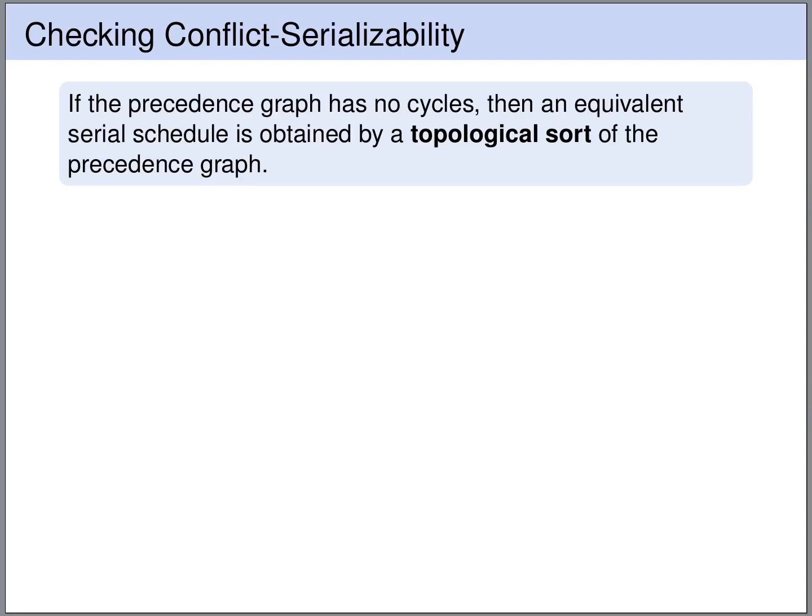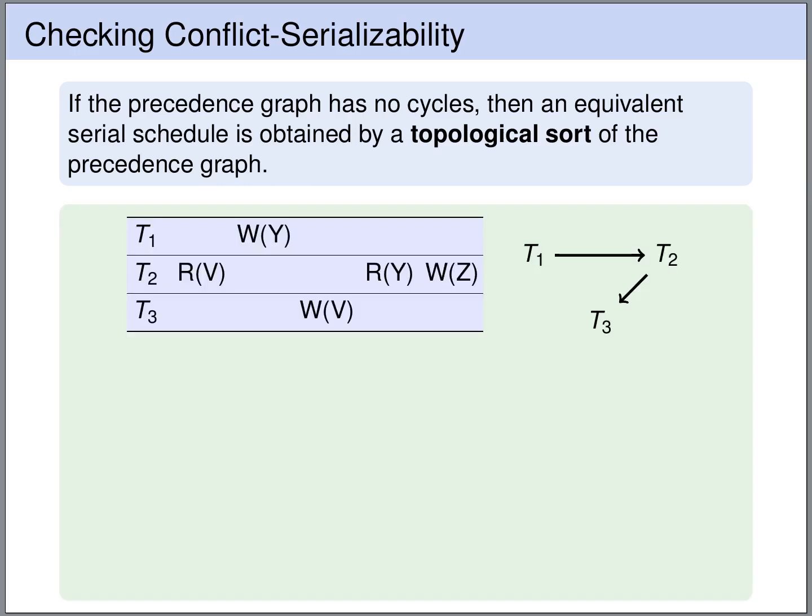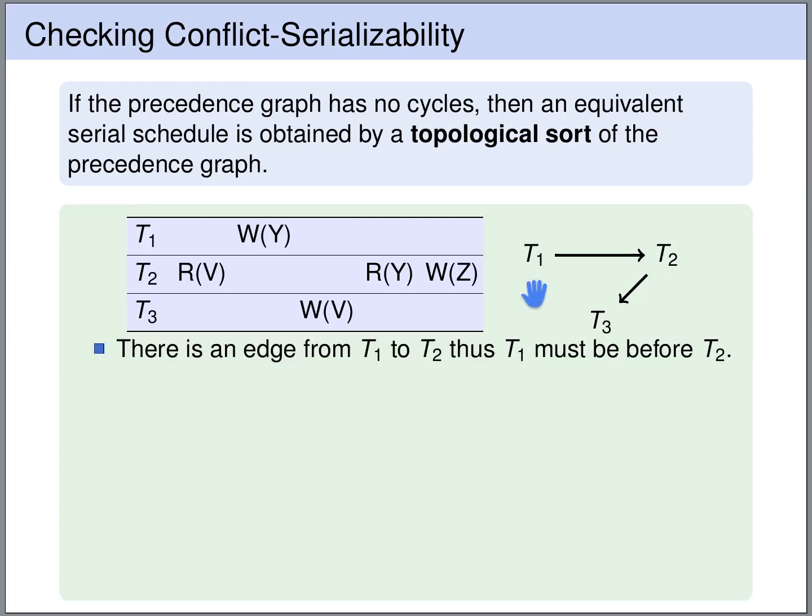If there are no cycles in the precedence graph, then we can obtain an equivalent serial schedule by a topological sort of the precedence graph. So as already said on the last slide, the precedence graph gives us the order of the transactions in the serial schedule. We can interpret this as follows: we have an edge from T1 to T2, therefore T1 must be before T2.